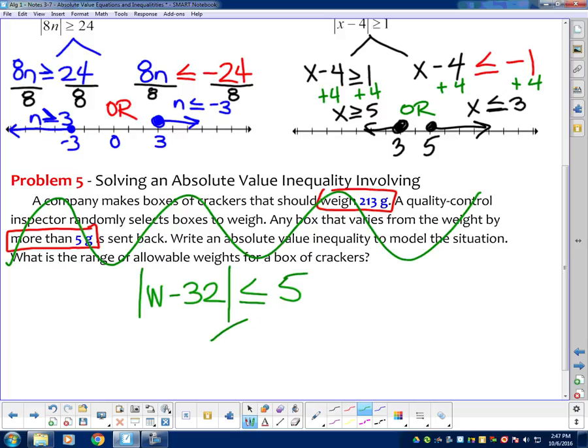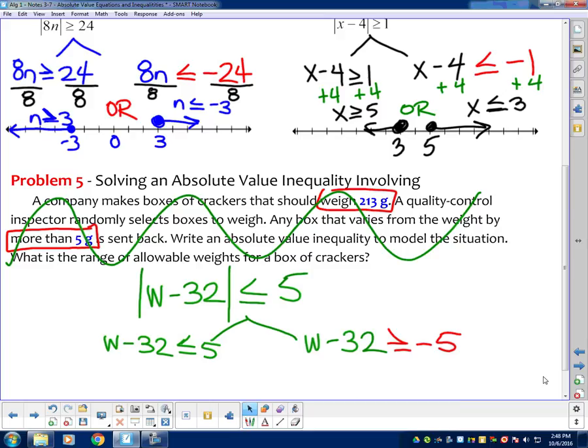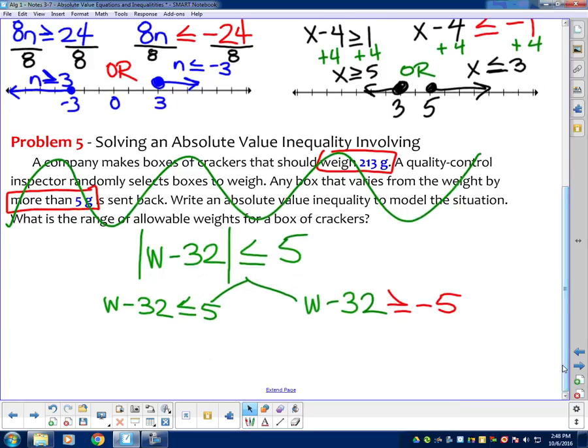So when we split this one, the first one's the same, take the bars off. On the second one, change the inequality and make it -5. And then what are we doing on both sides? Add 32.